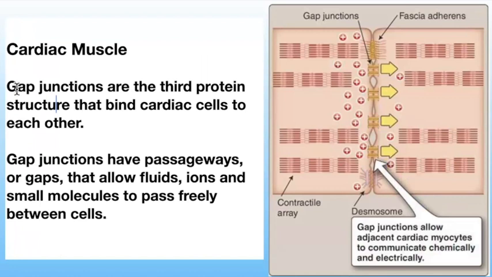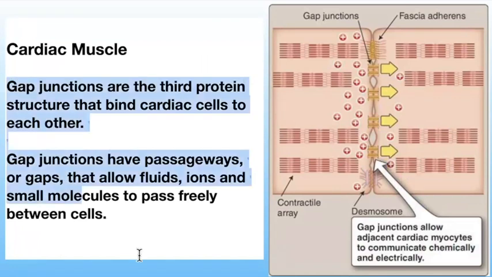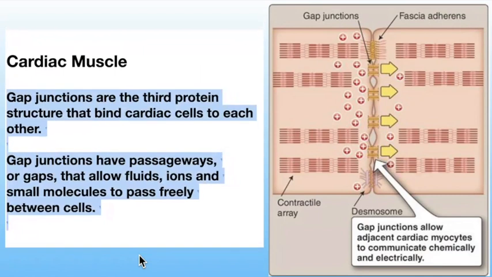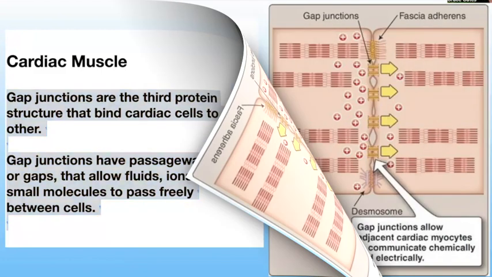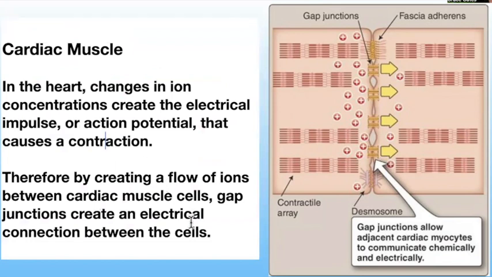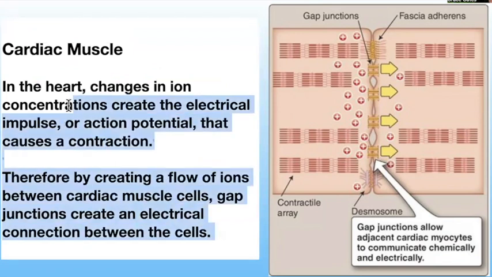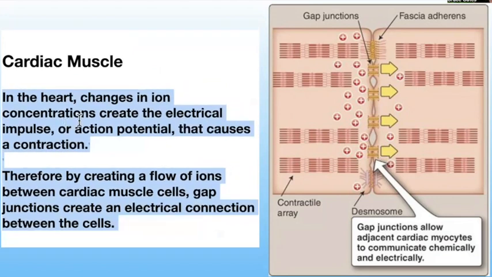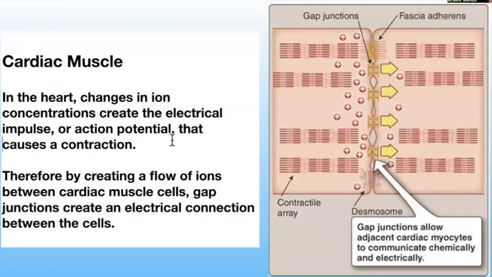Gap junctions are the third protein structure that binds cardiac cells to each other. And as we have learned, gap junctions have passageways or gaps that allow fluids, ions, and small molecules to pass freely between the cells. In the heart, changes in ion concentrations create the electrical impulse or action potential that causes a contraction.